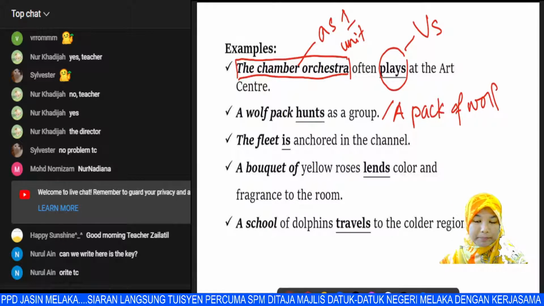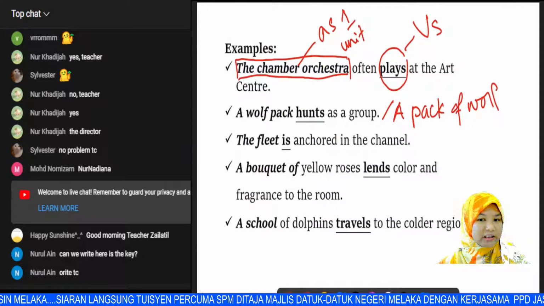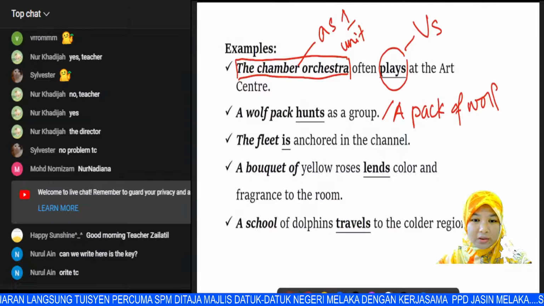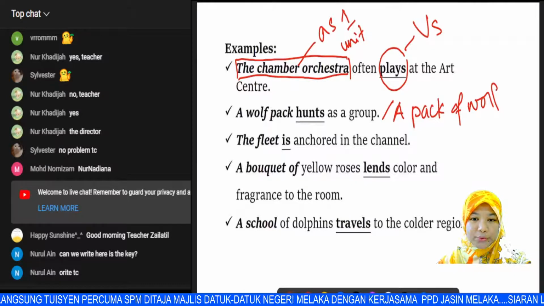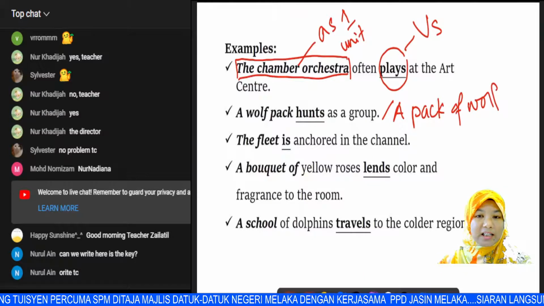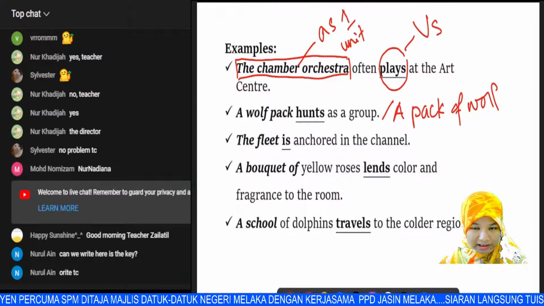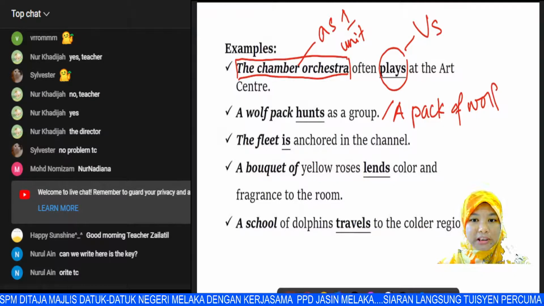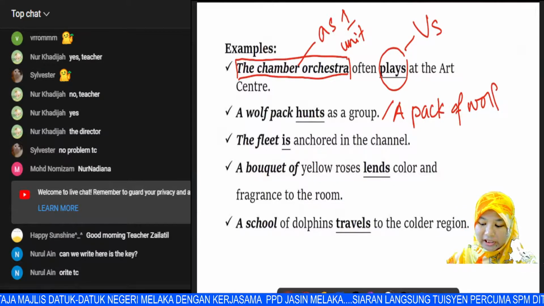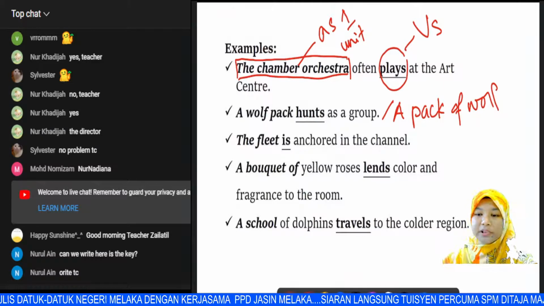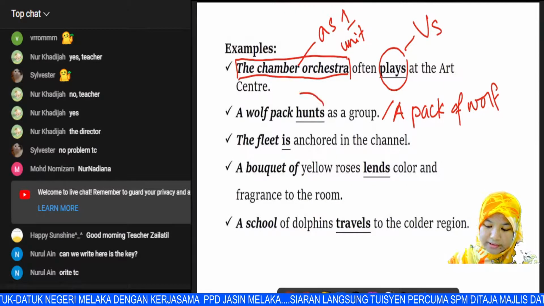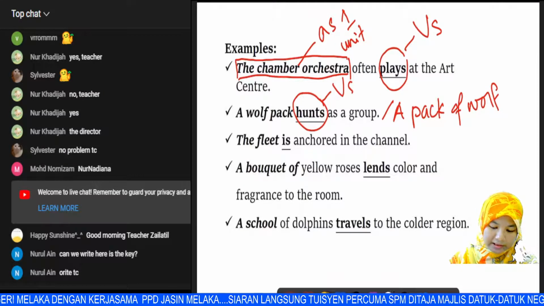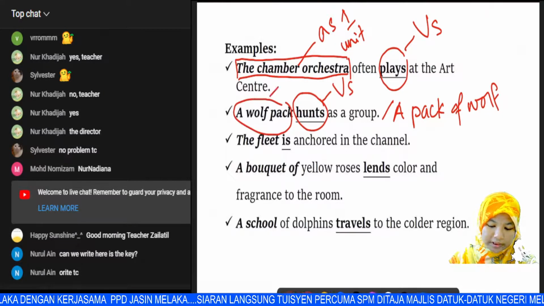In a pack of wolves there are many, maybe around 10 wolves, but all of the 10 wolves are actually doing the same thing, which is hunting for food. They hunt as a group. They do not hunt individually. So here, when they are doing the action as a group, we use a singular verb. The action of one unit.